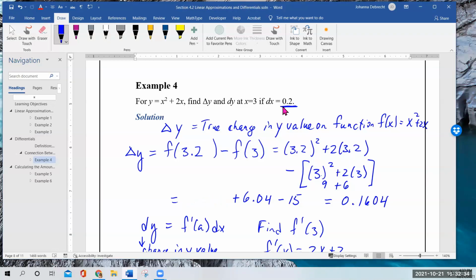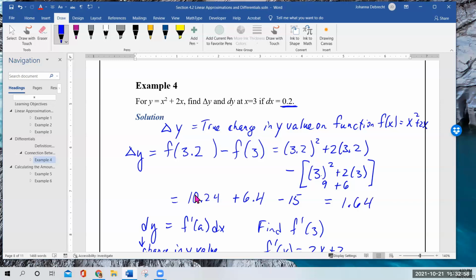That will be better. 10.24, and 2 times 3.2 will give me 6.4. So when I add 6.4 and subtract the 15, which doesn't change, I end up with 1.64. Much better.